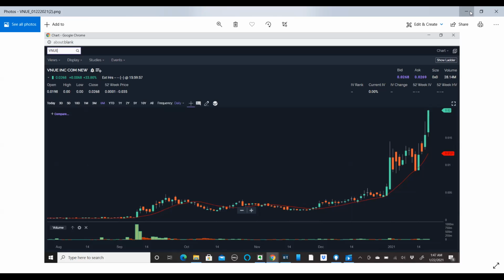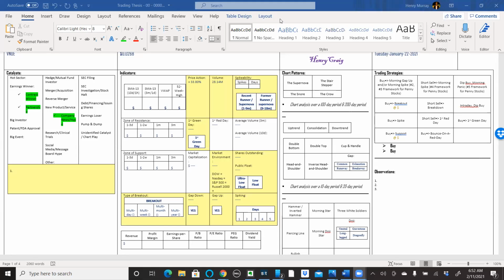Where did I lose my chart? Okay. Well, actually, in our previous video, while creating our watch list and narrowing down the list, we did determine that VNUE did display the feature of a recent runner.